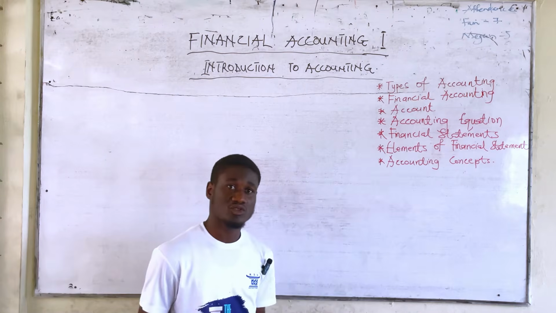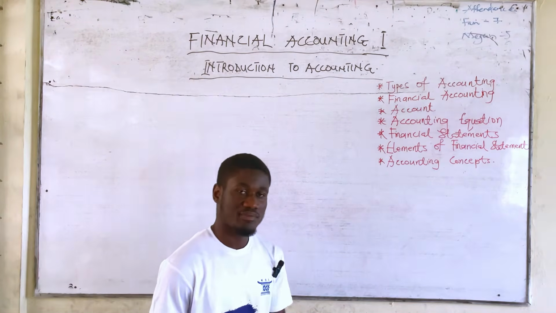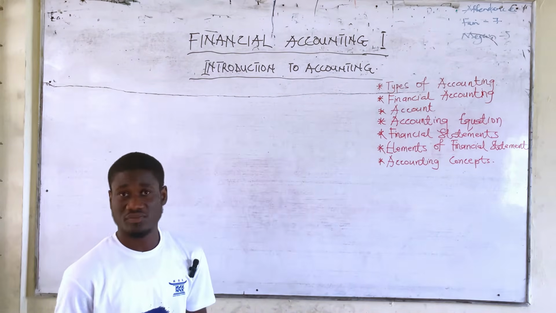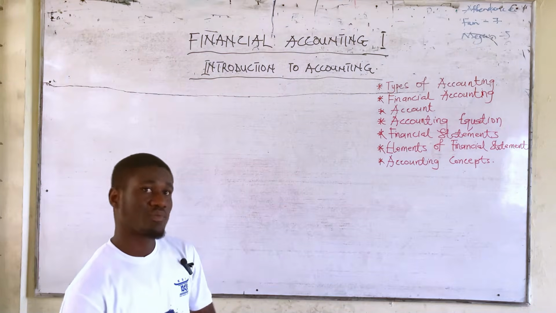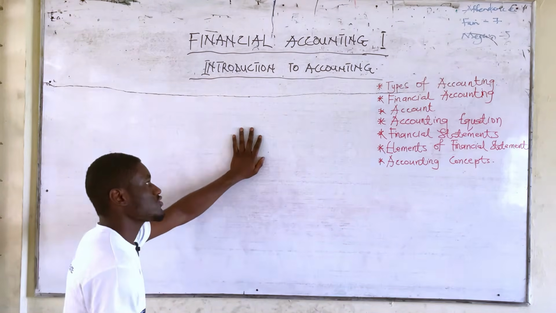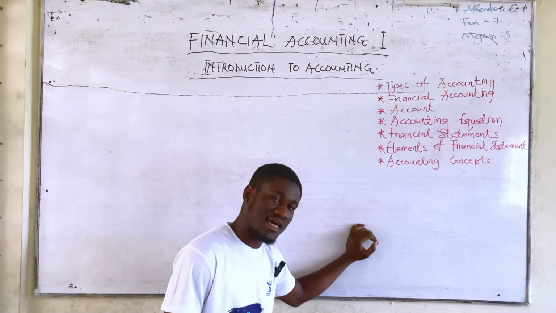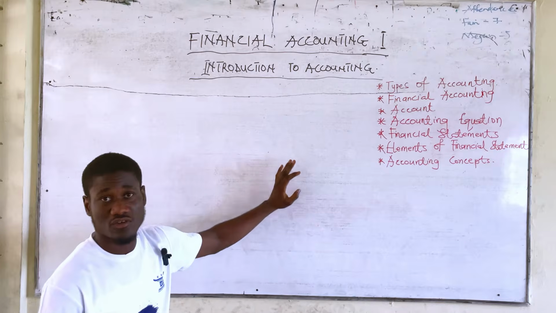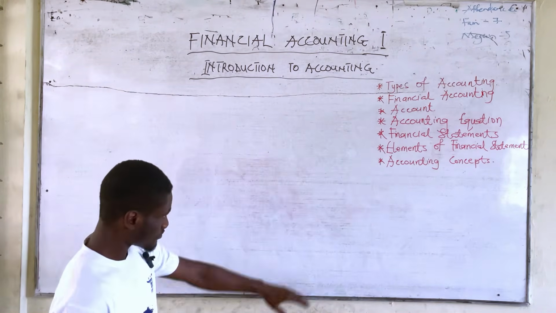So this statement is used to know how the equity of the business changes within a specific period of time. Good. We also have supplementary notes, the additional information and the rest. So we'll be focusing on the statement of profit or loss and the statement of financial position, sorry, for now. Good.